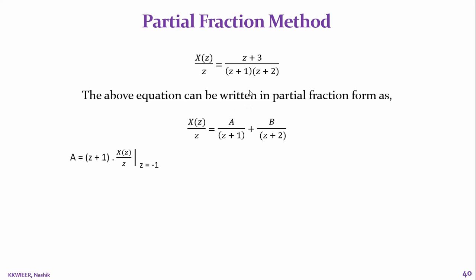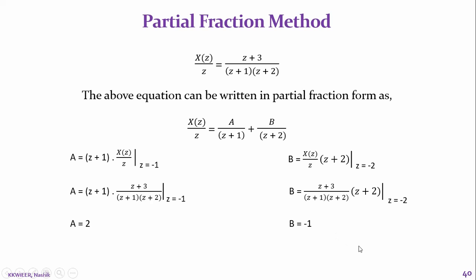Just substitute. See, if you want to take a, then what will you do? This z plus 1 will go to this side. So z plus 1 into x of z upon z, where z is equal to minus 1. If you go on solving, you will get a is equal to 2. Similarly, you can get the value of b.